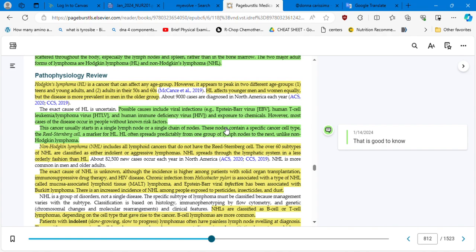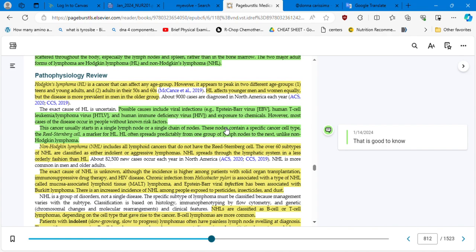It could be different types of drugs, cigarettes, maybe you are exposed to the chemicals of a chemotherapy. There are the residuals of chemotherapy in a toilet that you are sharing with another patient who is receiving chemotherapy. Think about all these types of chemicals. However, most cases of the disease occur in people without known risk factors.